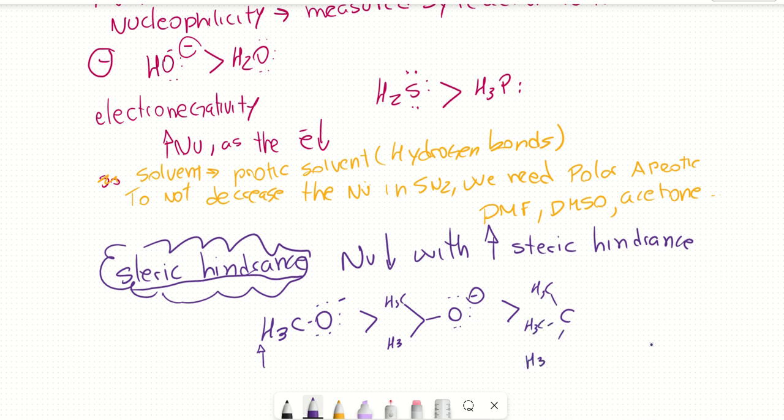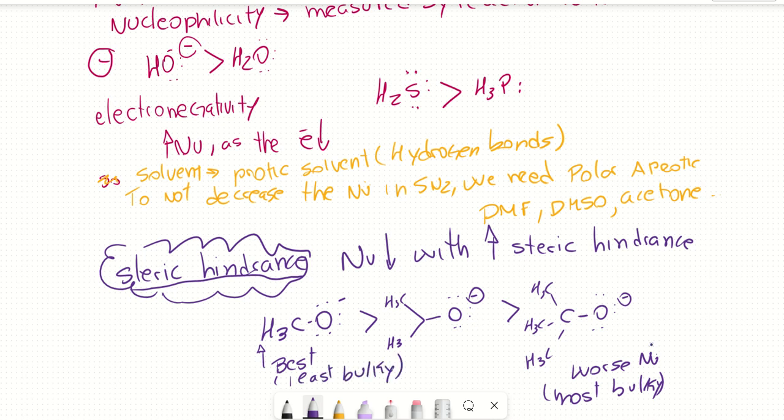This is the example that I gave you in the class, remember? Tert-butoxide. So this is the worst nucleophile here, okay? Because it's the most bulky, right? And this is the best one, since this is the least. Okay, that's it. That's all.